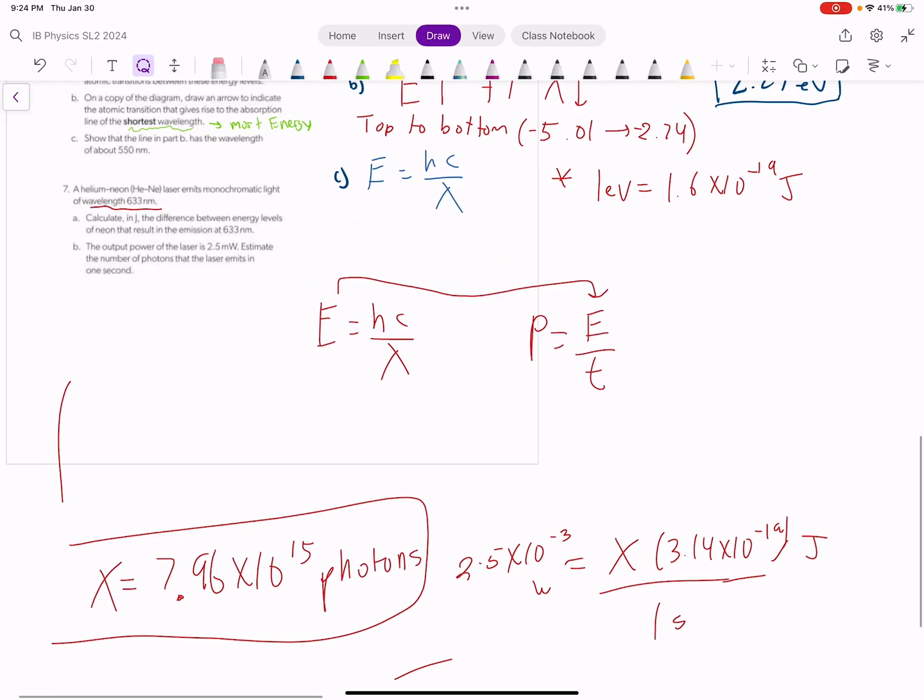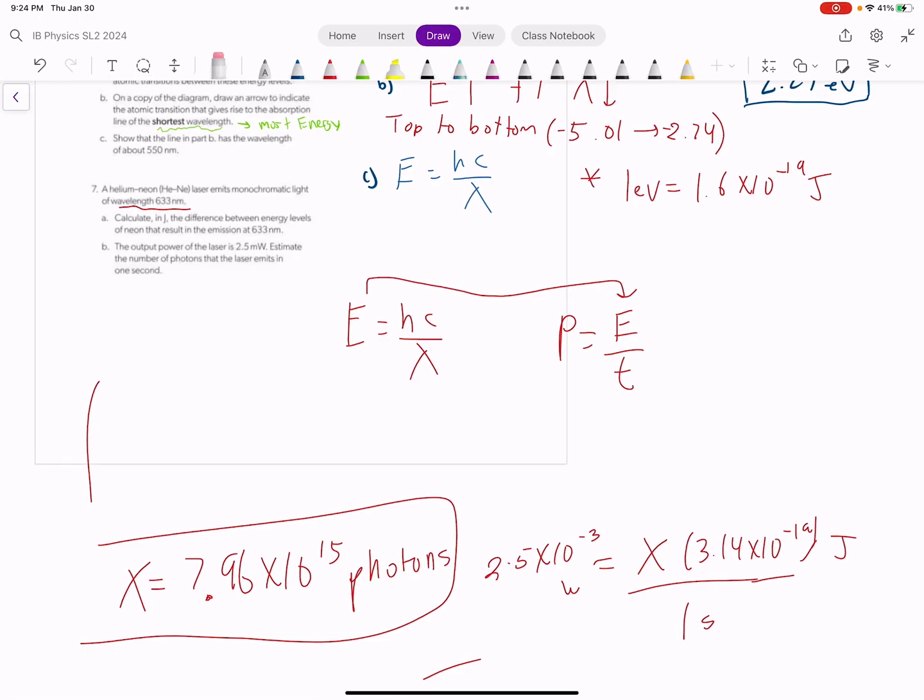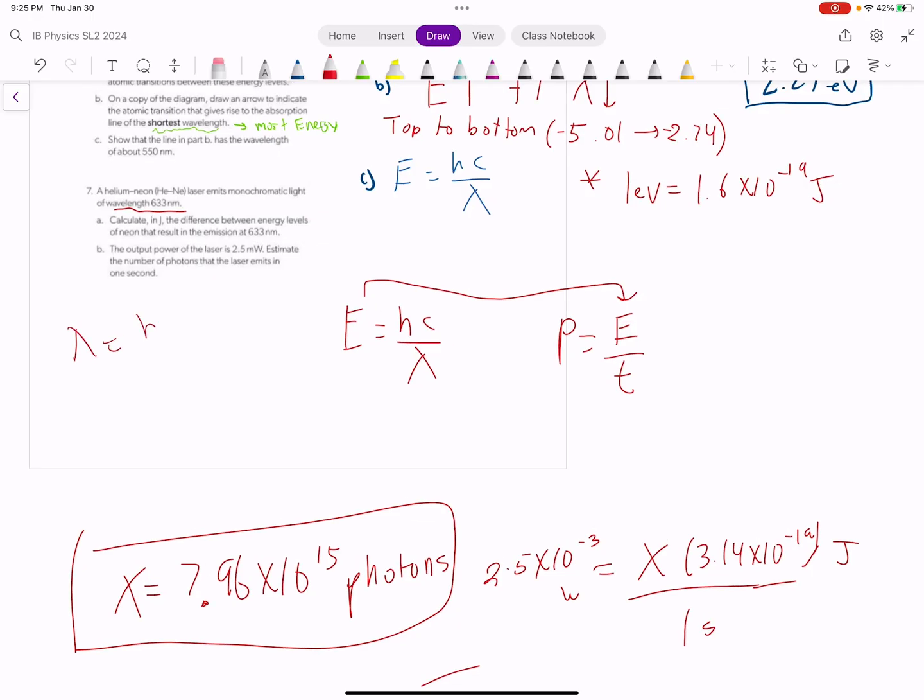Yeah, you just plug this in. Shift that down here. You're solving for the difference. You're solving for wavelength. So we use this equation again.